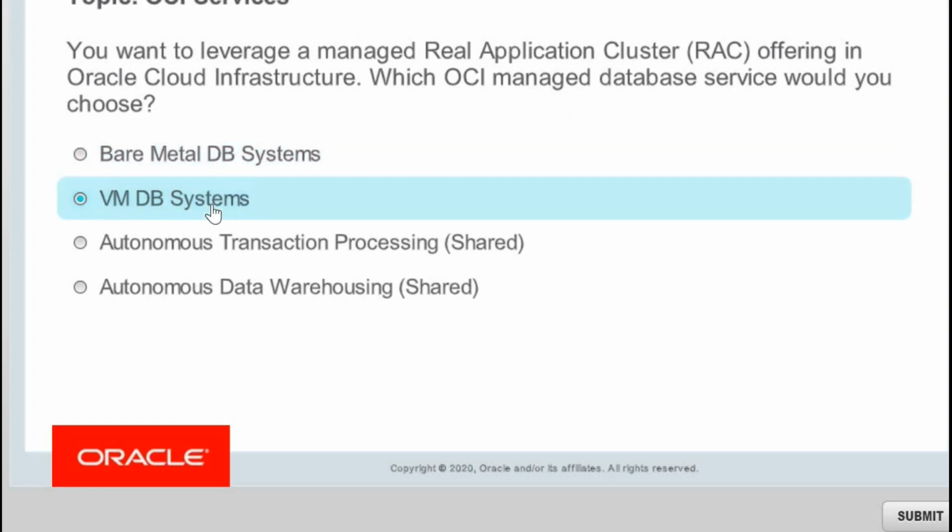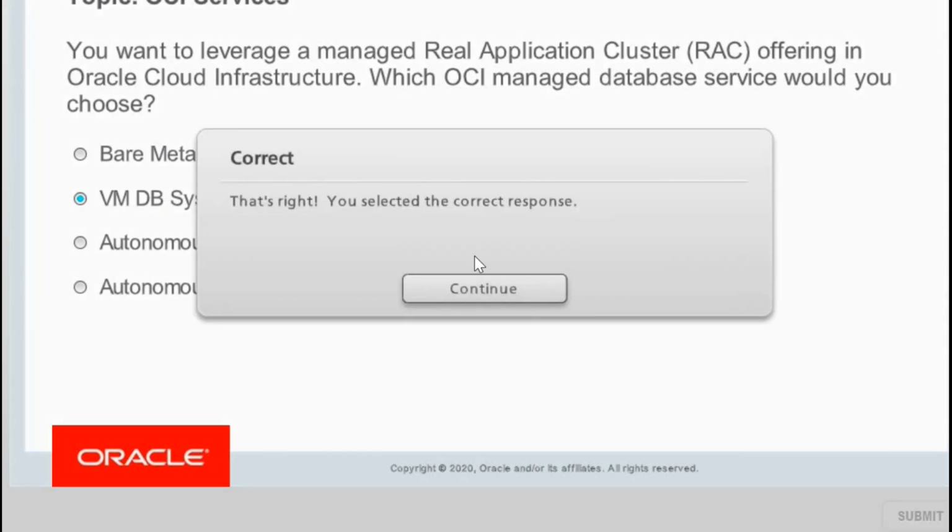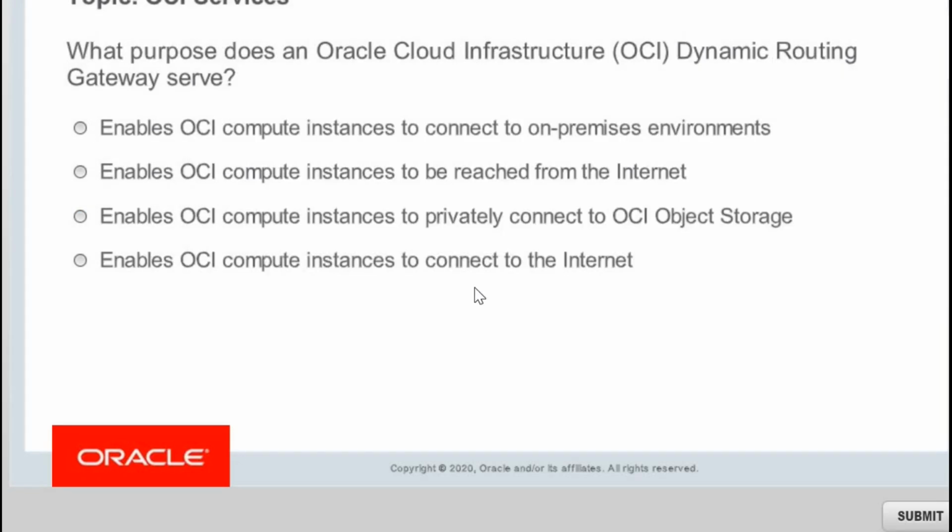There are a lot of scenario-based topics available in the Oracle documents, so go through those scenarios and see how you can create a cluster of virtual machines in OCI using Real Application Clusters. So the right answer I think is VM DB. I press the submit button and let's see. Okay, that is also correct. So for RAC, VM DB is the preferred one.